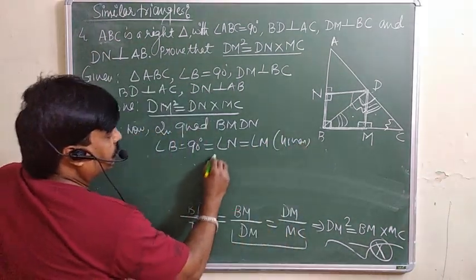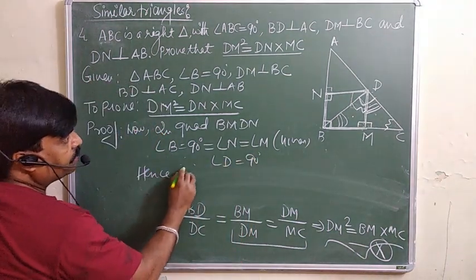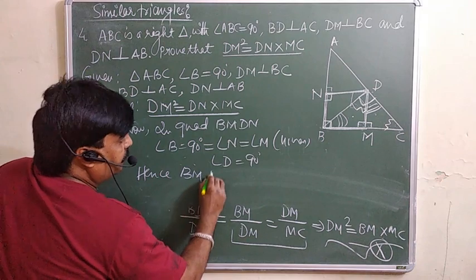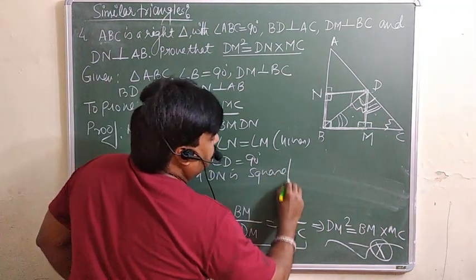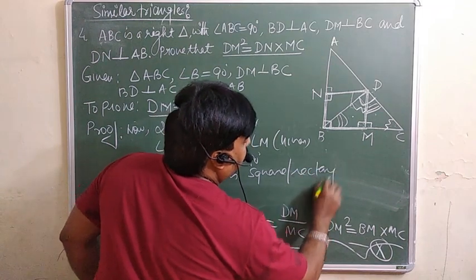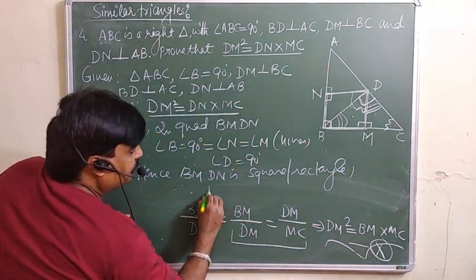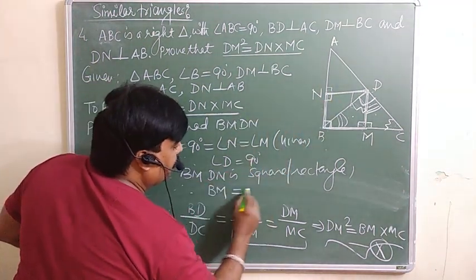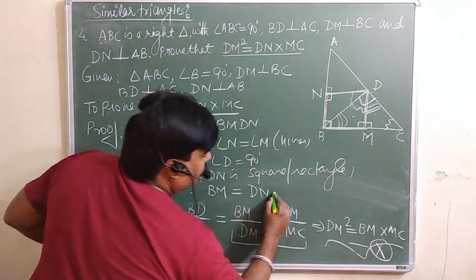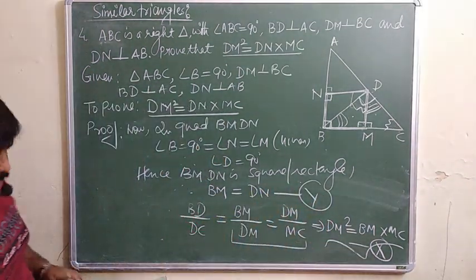So therefore angle D will also be the 90. Hence you can say BMDN is a square or a rectangle, because these are the properties we already know. So if it is a square or the rectangle, opposite sides will be equal. So BM is equal to DN. You can give this as Y. So from equation X and Y.